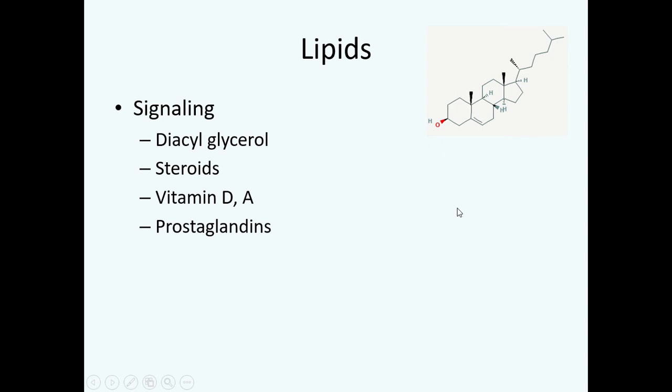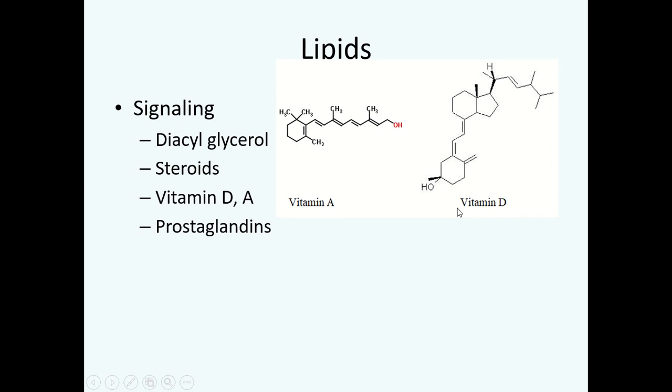Vitamin A and D are also fat soluble vitamins. They're also categorized in this category of lipids. The structure of vitamin A and vitamin D is shown in this representation.